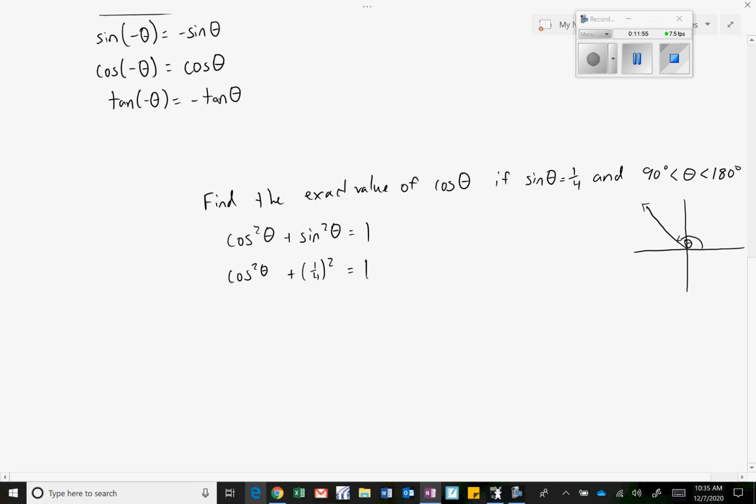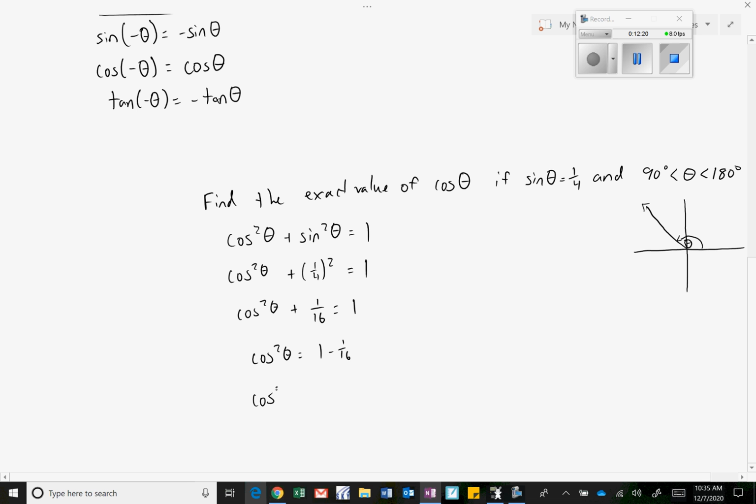And I can just go ahead and simplify this guy, right? So cosine squared of theta plus 1/16 equals 1. Subtract that 1/16 to the other side, so cosine squared of theta equals 1 minus 1/16. And that guy, we can just reduce that.